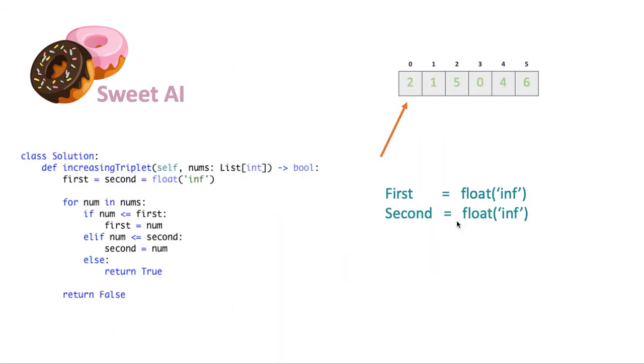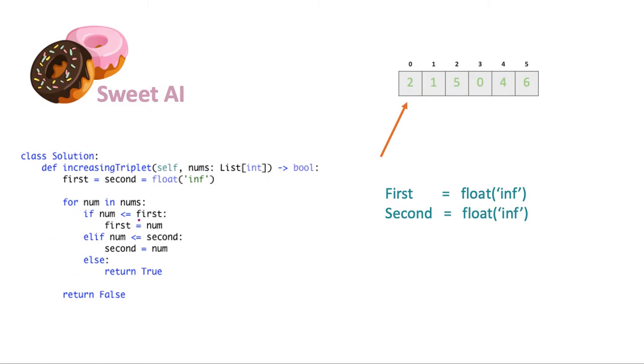For doing this, we can use 2 different variables to store the first and second number, and check the condition for the third number. The way we do it is we iterate over the list of numbers and check every single number. The magic is happening here with these 3 conditions.